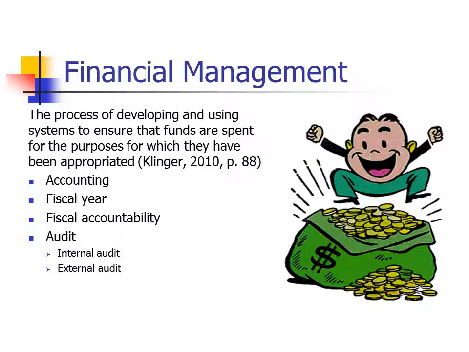The idea of a fiscal year: a fiscal year can vary depending on the organization, but for Georgia College, for example, or the state of Georgia, the fiscal year goes from July 1st of a particular year to June 30th of the next year.